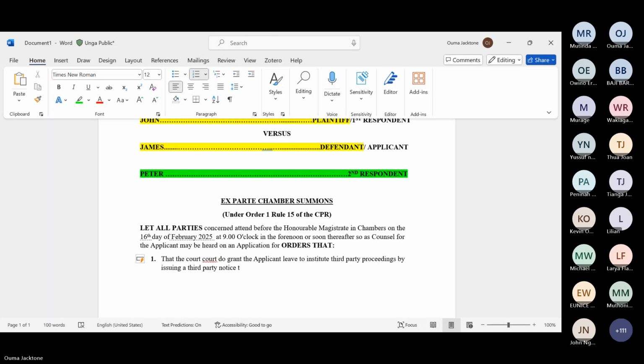To the second respondent, who is Peter, second respondent. You don't have to say anything else. To the second respondent, full stop. The other prayer you're going to pray for is just costs of the application.